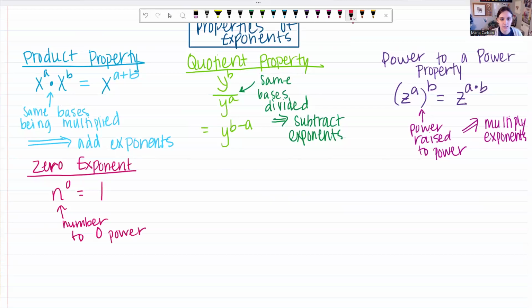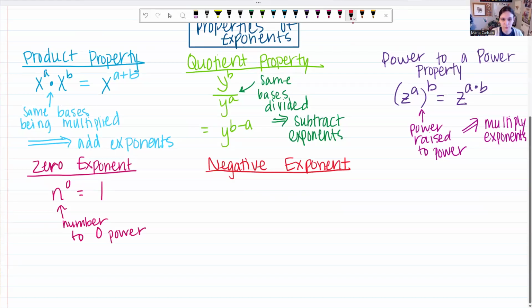All right, and lastly, we're going to talk about a negative exponent. So for example, I'm going to go back to x for this one. X to the negative 2 power.